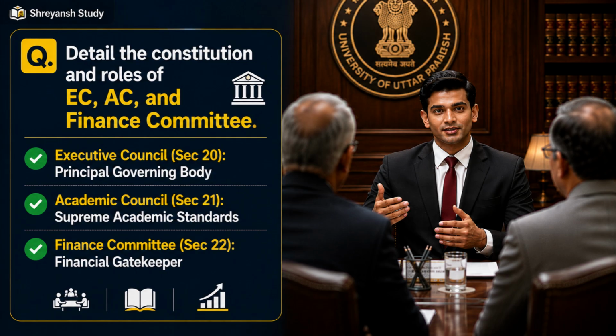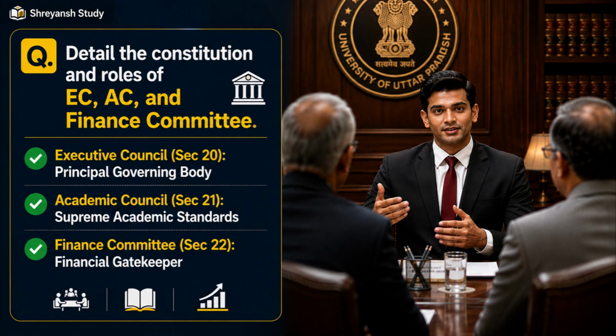Detail the constitution, powers, and roles of the following bodies: Executive Council, EC, Academic Council, AC, and Finance Committee, FC. Sir, the university functions through three primary statutory bodies. Executive Council, Section 20, the principal governing and executive body.